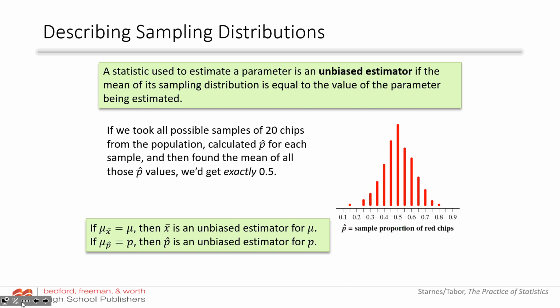So here's that notation we were just talking about. Now, in this case, with the proportion of red chips, we're talking about p's, p hats, right? So this is down here. But if I'm talking about a sampling distribution for a mean, then I'm saying if the mean of all the x bars is equal to the population mean, then x bar is an unbiased estimator for mu.